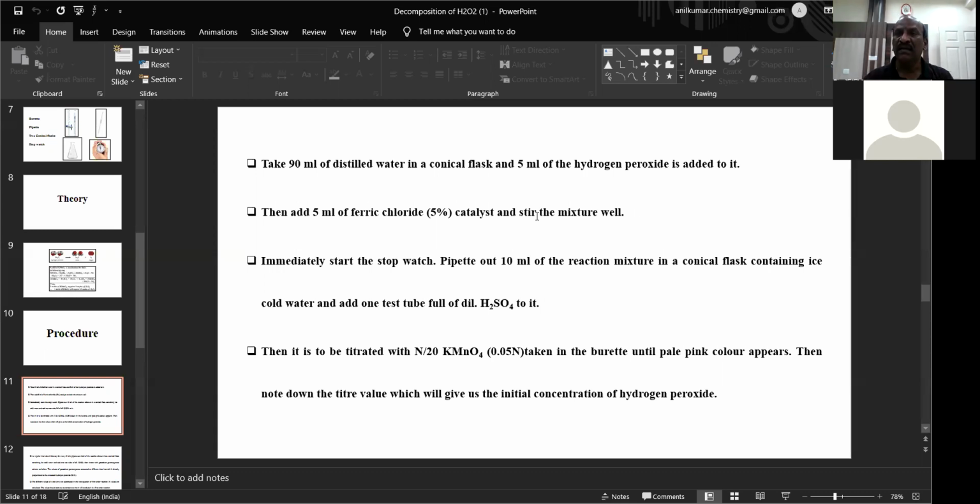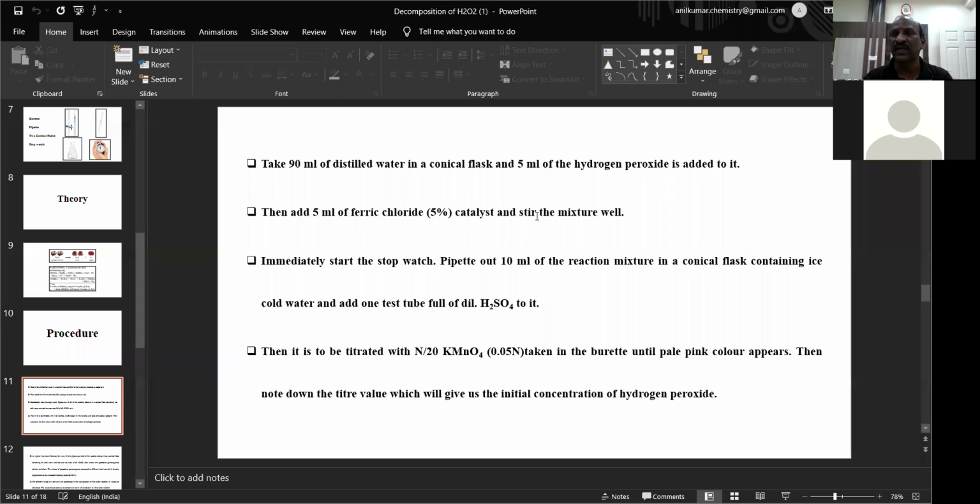Take 1 or 2 ml of KMnO4 in that burette, rinse it and throw it out, and again fill the burette with KMnO4 up to the 0 mark. See that there are no air bubbles in the nozzle. You have to check this, and then clamp the burette to the burette stand.